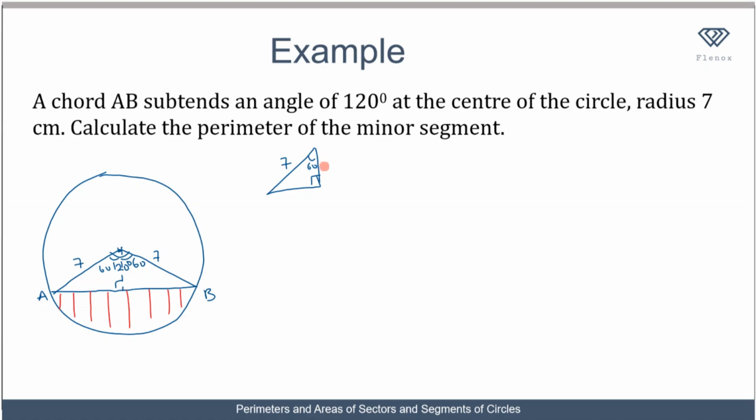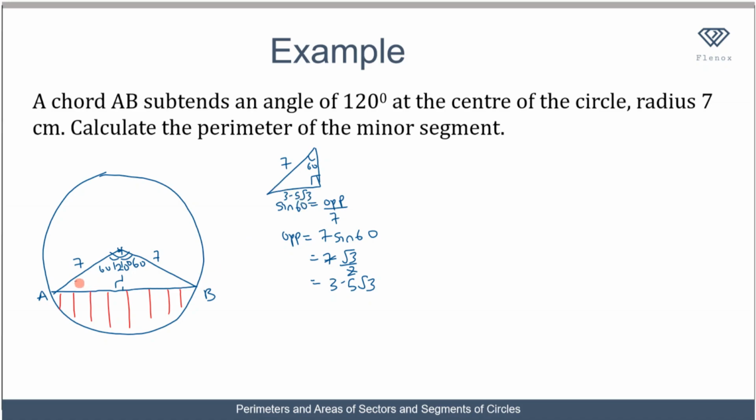Now I know that sine 60 is equal to opposite over hypotenuse, which is 7. So my opposite is equal to 7 sine 60, which is 7 times root 3 over 2. This gives me 3.5 root 3. So the length of this section is 3.5 root 3.